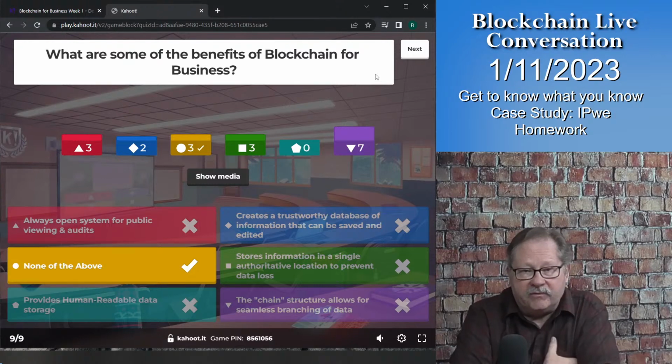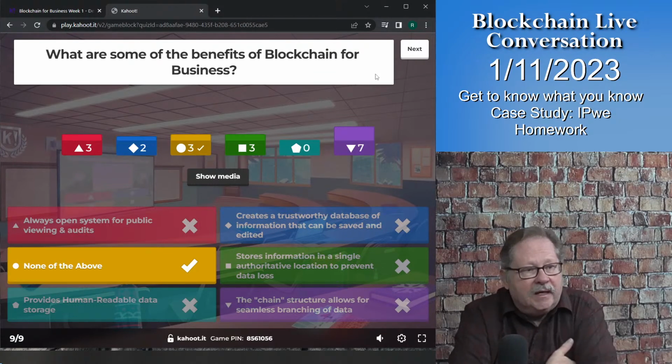A soft fork if they expect both branches to continue, or a hard fork if they want it to branch and the code change to apply to everyone. And so that's a hard fork. They force everybody into the new branch. But the chain structure itself does not allow for seamless branching. It has to be forced by the programmers.